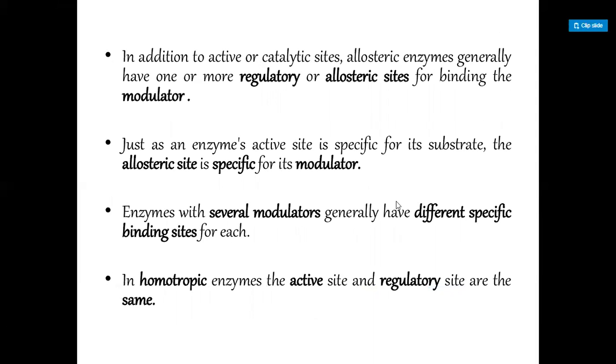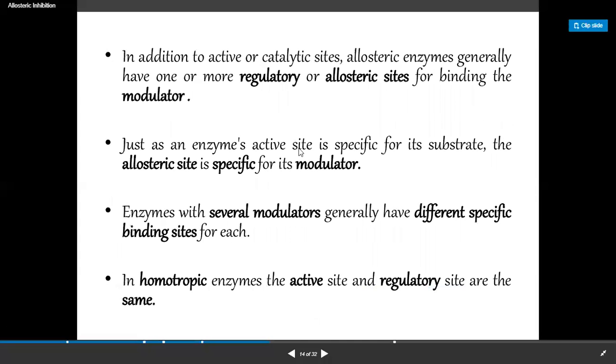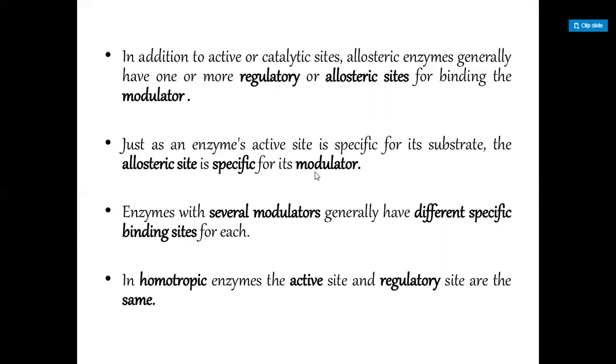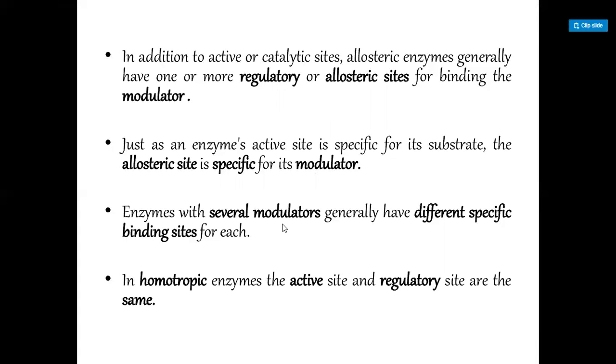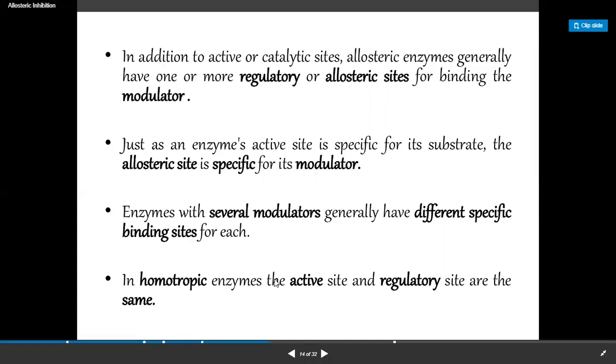Just as an enzyme active site is specific for its substrate, the allosteric site is also specific for its modulator. A modulator is used for activation, and an inhibitor is used for inhibition. Enzymes with several modulators generally have different specific binding sites for each.